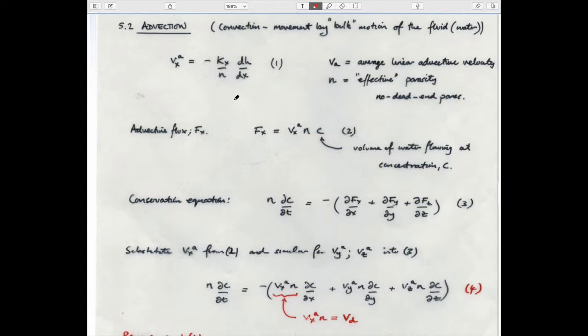And that is that it's controlled by advective velocity, which is Darcy's law divided through by porosity. So this red part here is the Darcy velocity as we define it. And the advective velocity is just that divided by the porosity. In other words, if you have a pipe with a certain volume of fluid flowing through it, it goes at some velocity.